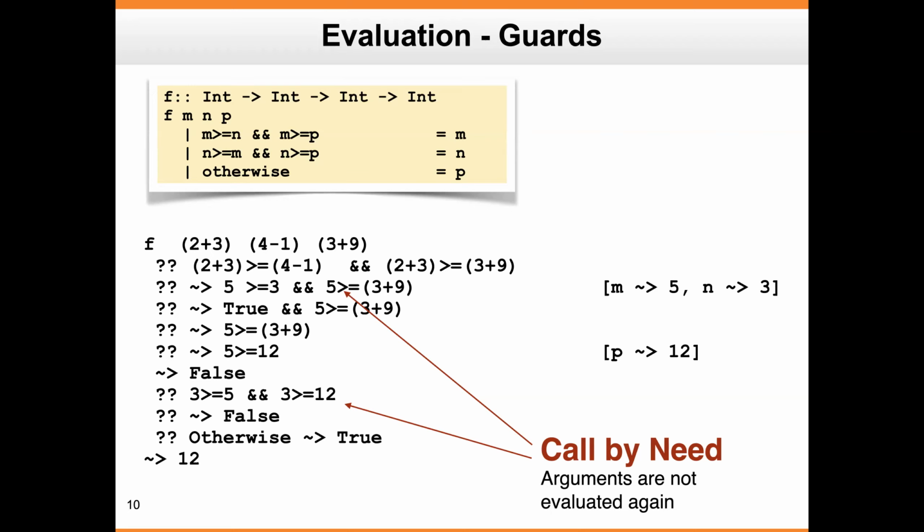So now I need to decide which guard is true. For this, I need to check whether m, 2 plus 3, is greater or equal n, 4 minus 1. And for this purpose, I need to evaluate both these arithmetic expressions resulting in 5 and 3.